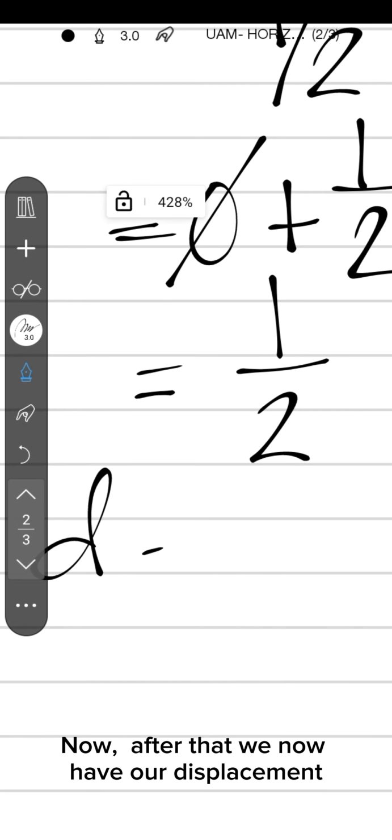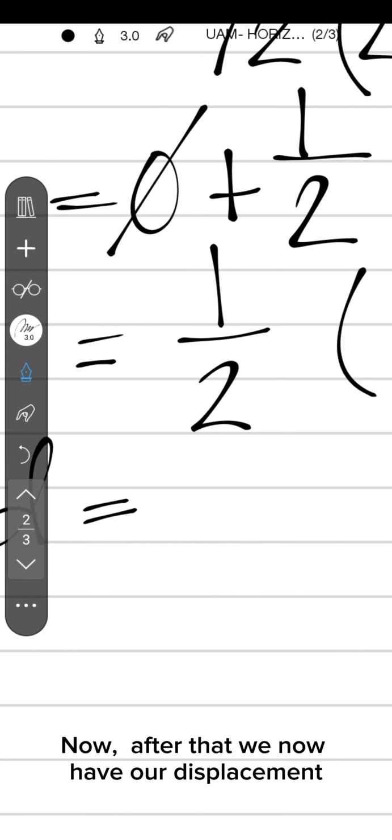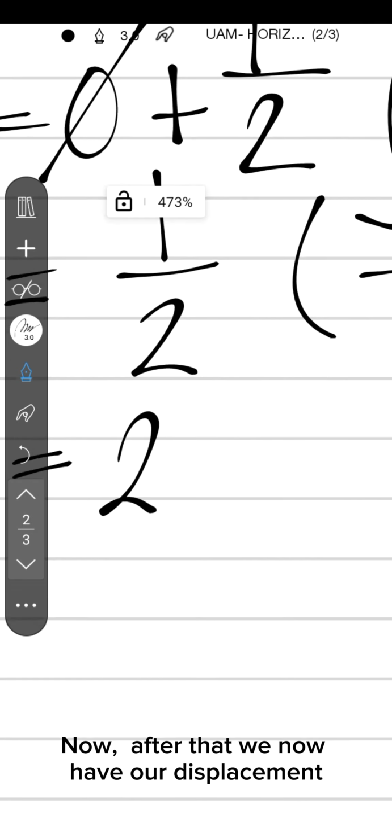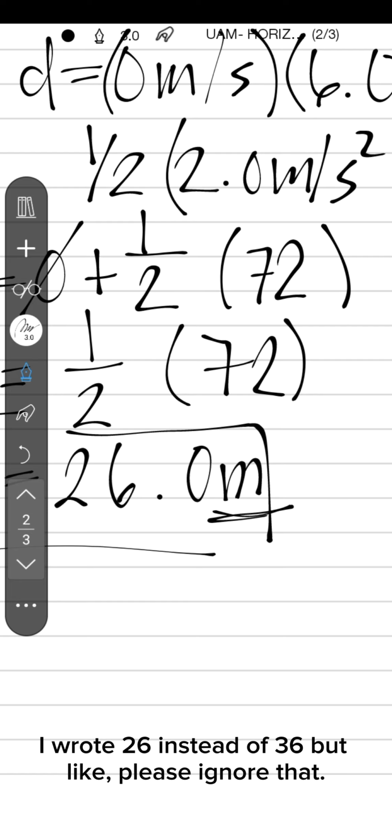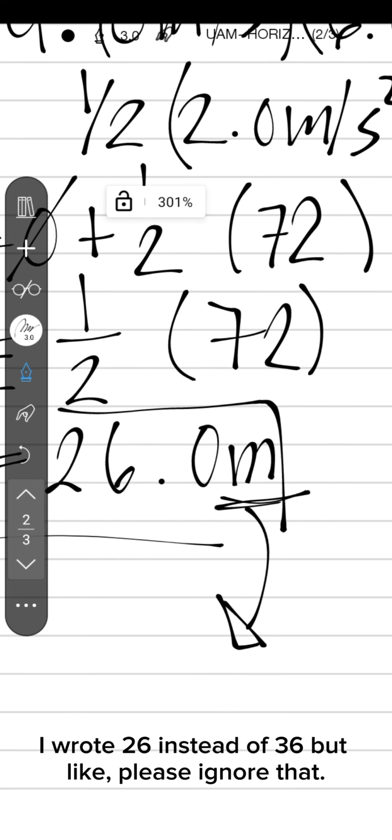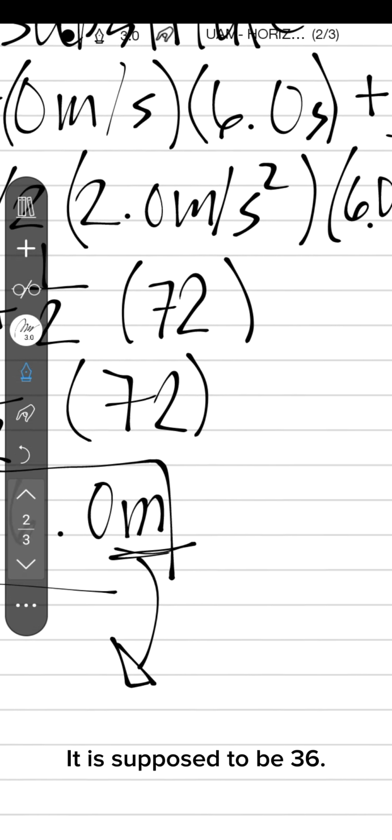Now, after that, we now have our displacement, which is equal to 36.0 meters. Notice that I wrote 26 instead of 36, but please ignore that. It is supposed to be 36.